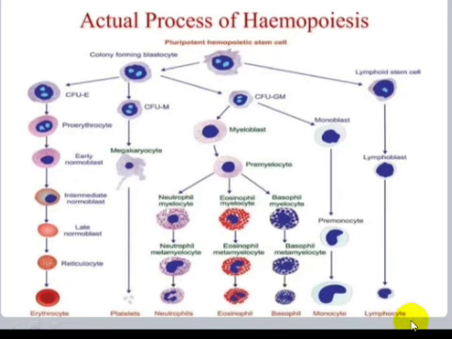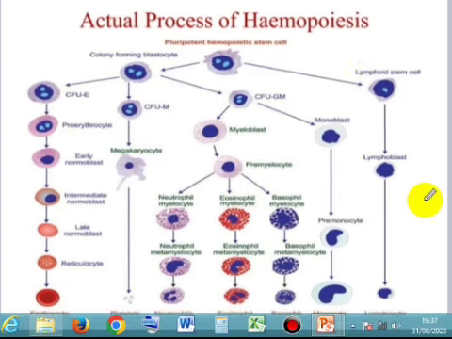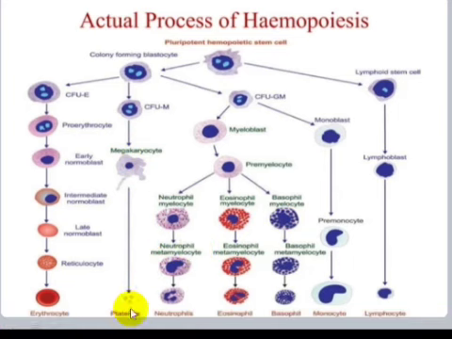Alright. The slide here shows you a detailed production of blood cells. Okay? We have already discussed that. Alright? So the pluripotent hematopoietic stem cell differentiates to form colony-forming unit blastocyte and then the lymphoid stem cell.